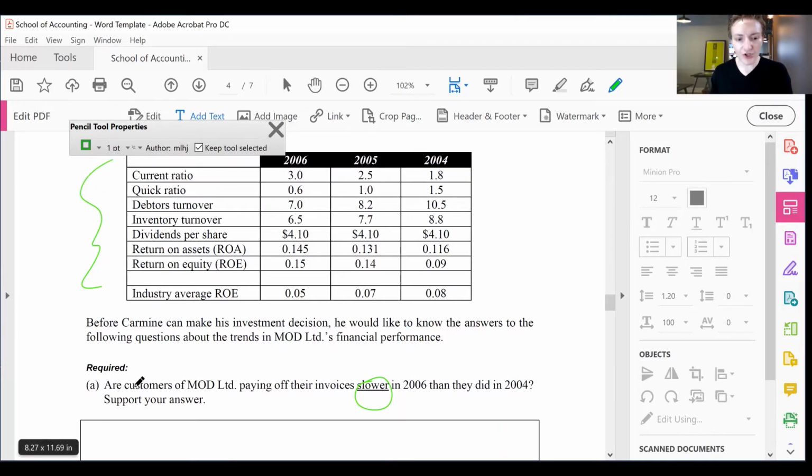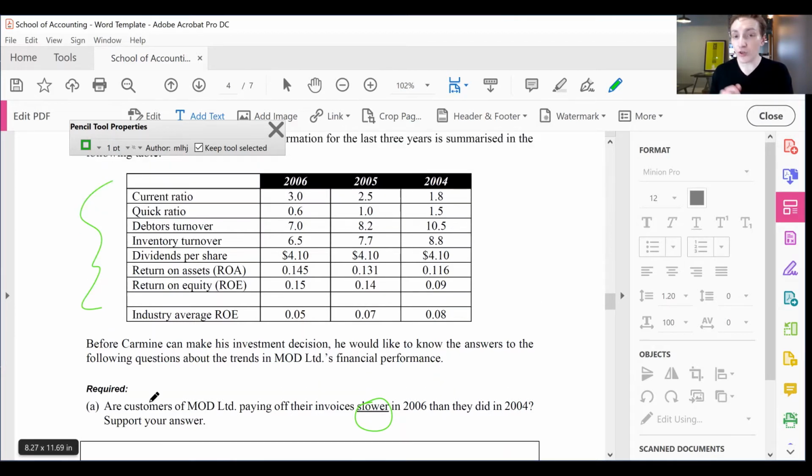From the ratios that we have here, the only ratio that is directly relevant to this question is debtors turnover. The debtors turnover is effectively telling you, in brief, how long it's taking you to get the money back from your receivables, i.e. a shorter collection time is going to be reflected in a higher number.